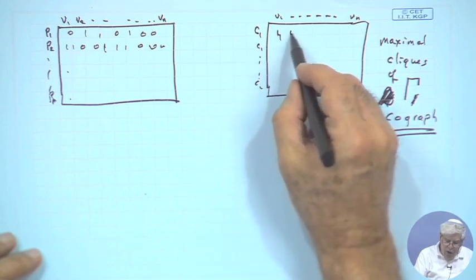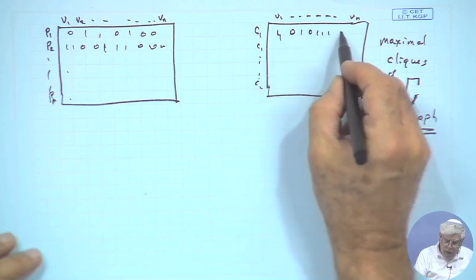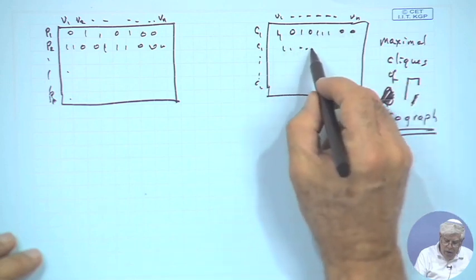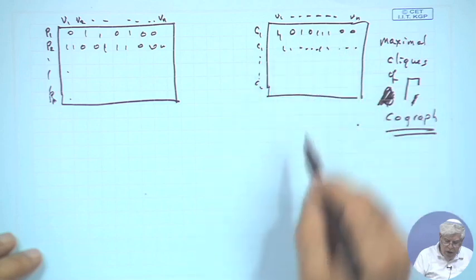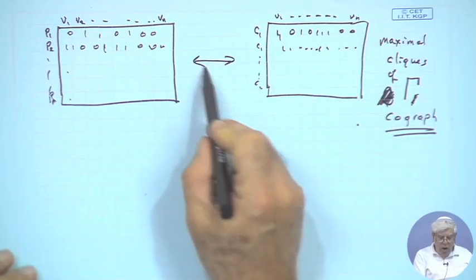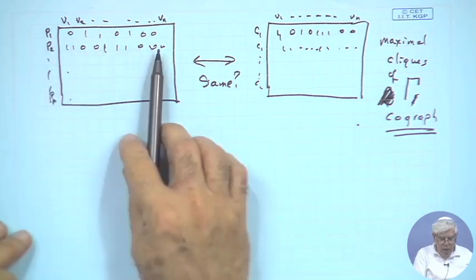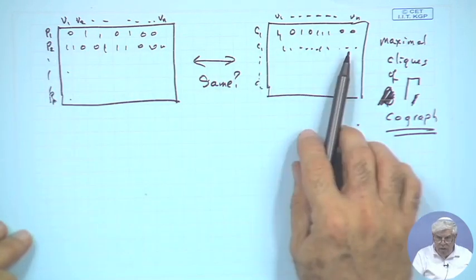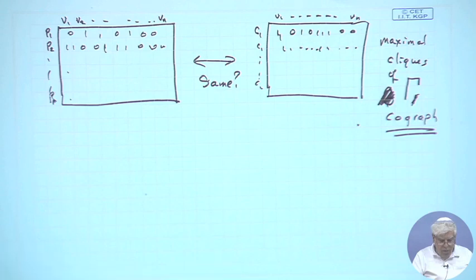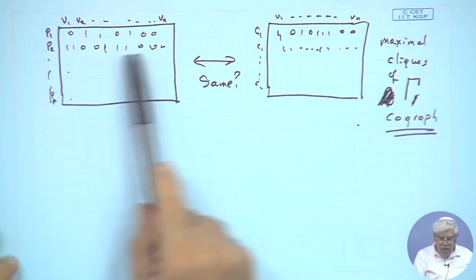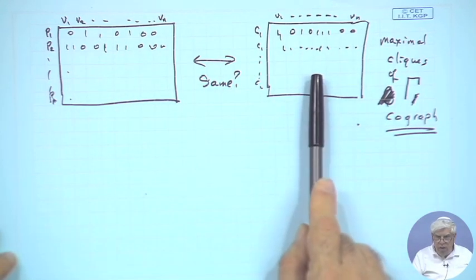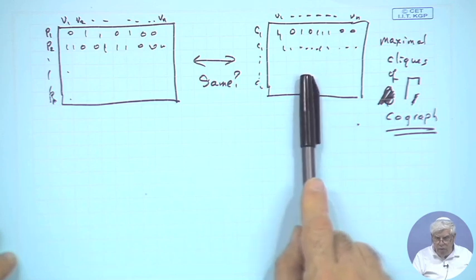Here I will also have characteristic vectors for each clique. And then I'll just compare, are they the same? Are the prime implicants the same as the max cliques? This is easy to build. This, I have to show you how to build.